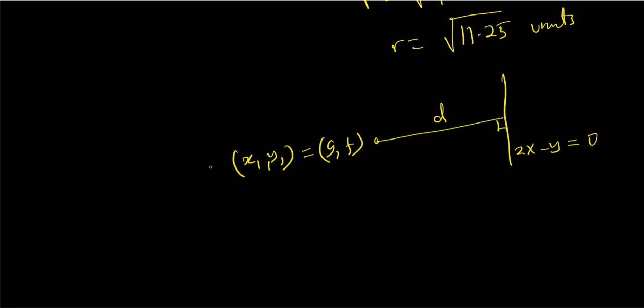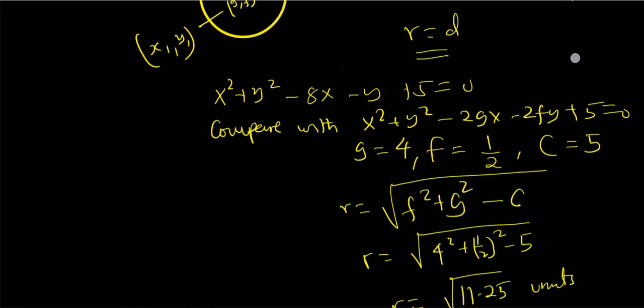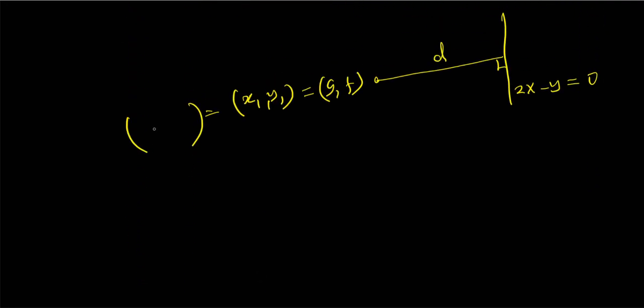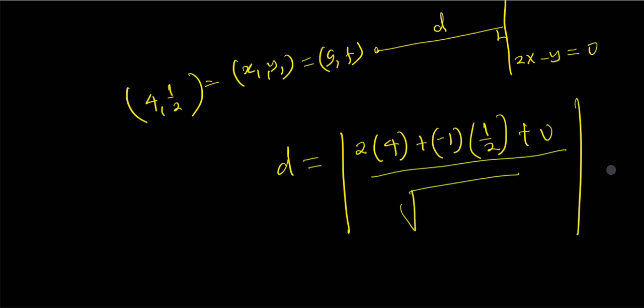Our center is 4 comma a half. So d equals the absolute value of a, the coefficient of x from the tangent line, which is 2, times x1, which is 4, plus b, the coefficient of y from the tangent line, which is negative 1, times y1, which is a half, plus c, the constant term in the tangent line, which is 0, over the square root of a square plus b square.